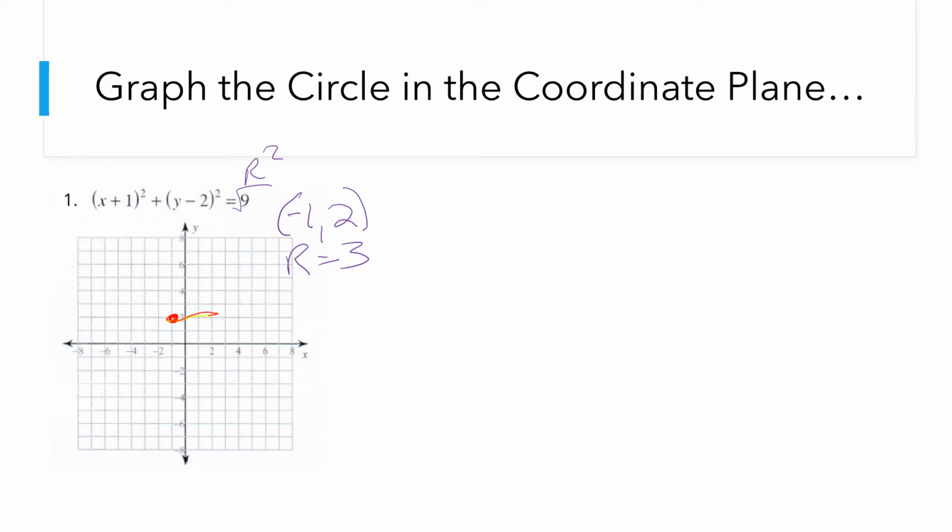It'll be a little better than that. It'll be 3 out. So 1, 2, 3, put a point. 1, 2, 3, put a point. Point. Point. And then just try to make it look as circular as possible. Probably best if you etch it a little bit like that. But something like that is how it should look.